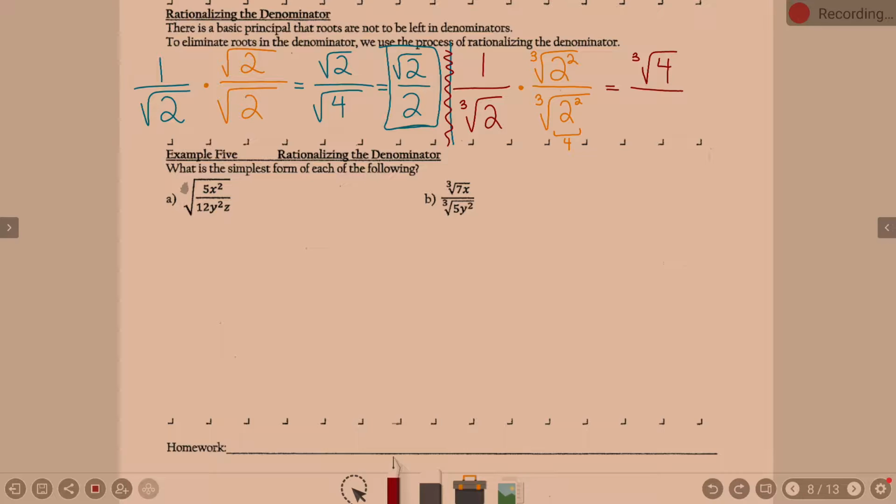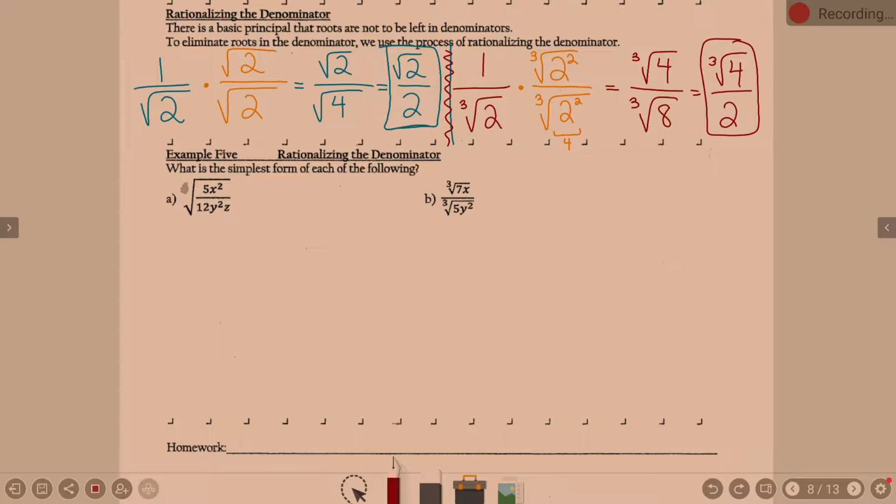Cube root of 8. But what do you know about the cube root of 8? It's 2. So cube root of 4 over 2. The idea, if you have 3 of the same thing under a cube, it's going to be a perfect cube.